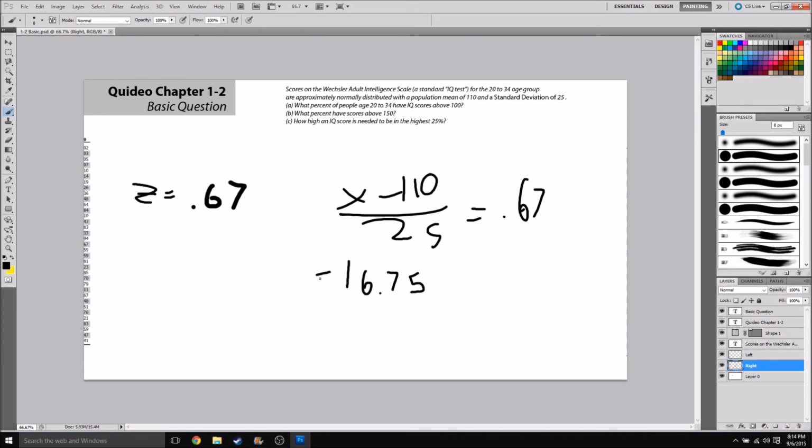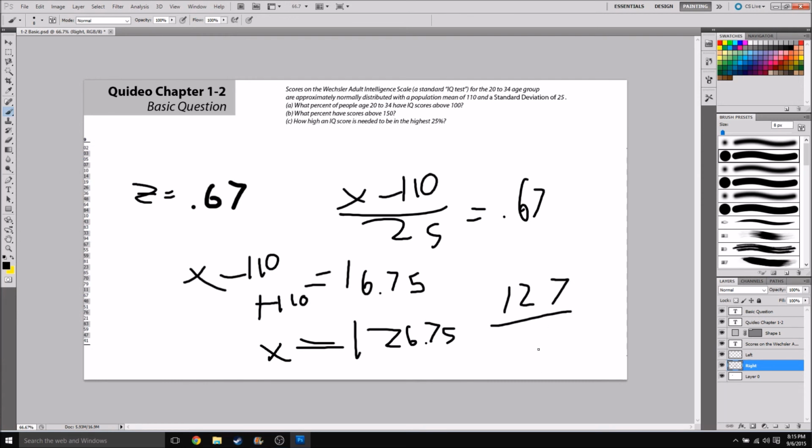So 16.75 is equal to x minus 110. Add 110 to both sides, and x will equal 126.75, or our score will be 127. So an IQ score will need to be 126.75, or 127 as an actual score, to be in the highest 25% of data. And that's our answer to C.